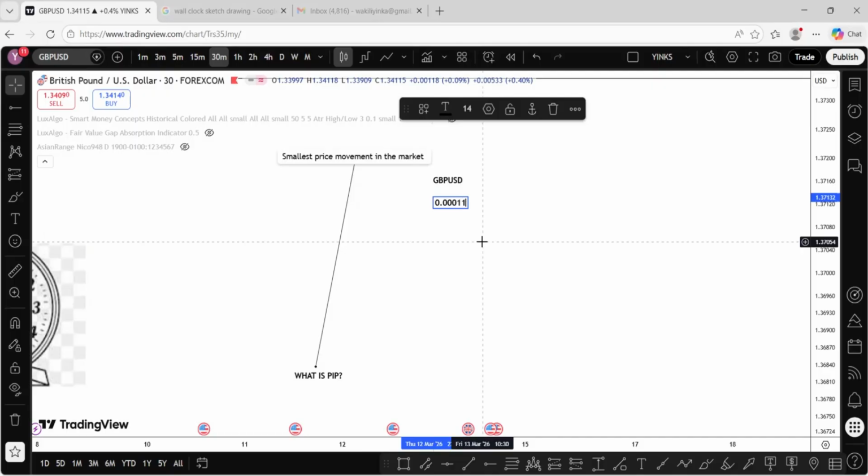This has to clock another 1, making it 11 pips, 12 pips, 13 pips, 14 pips, 15 pips, 16, 17, up to 19 pips, right? Now, for the next number to change to 20 pips, another 1 pip needs to be added to this, making it 10 pips. Automatically turn this to 0, and this becomes what? 2. You have 20 pips. It is how simple it is.